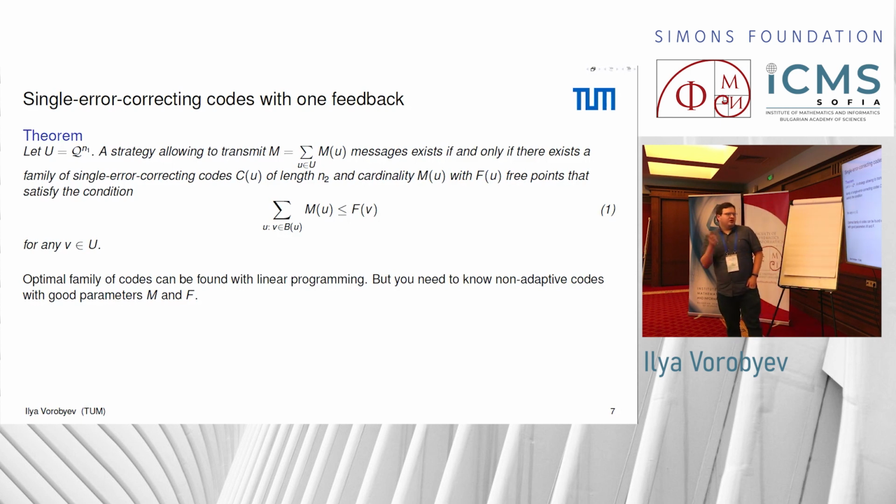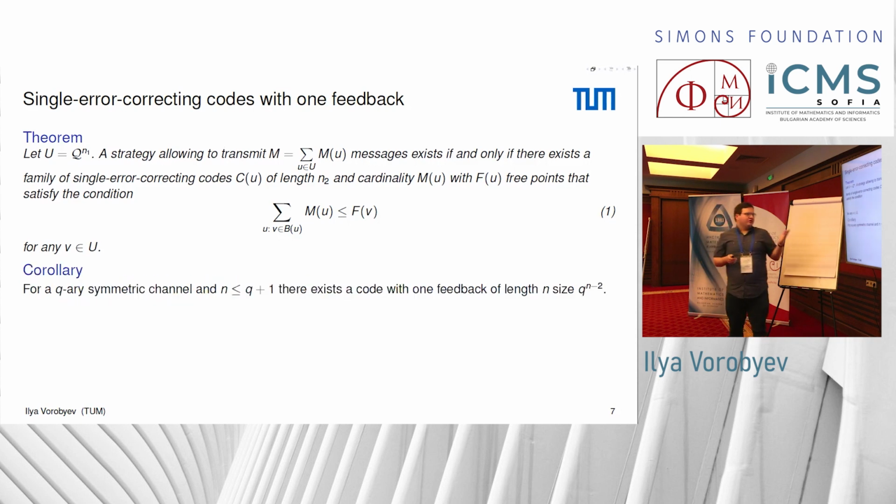But we can, for example, take the same code for every prefix u, and even this simple case can sometimes give a good result. As one of the corollaries, we can have this one.